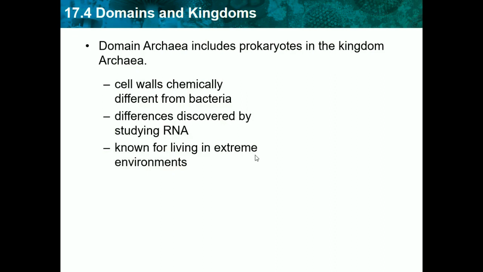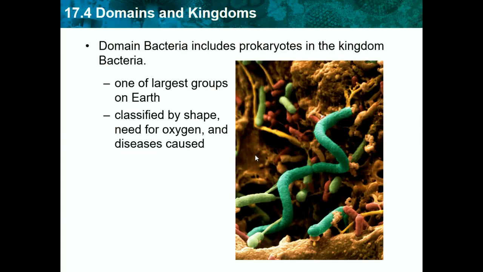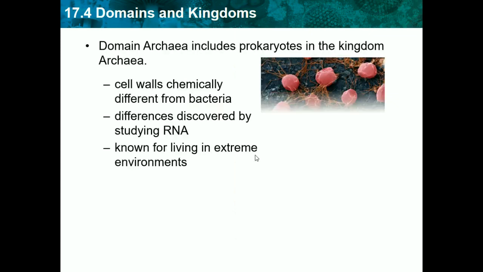So Archaea are basically bacteria that live in either very hot or very cold environments, which are considered extreme environments. So they're basically extreme bacteria. And as we know, bacteria are classified by their shape, need for oxygen, and disease caused, and they're the largest group.